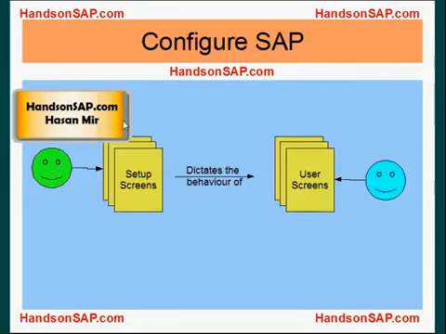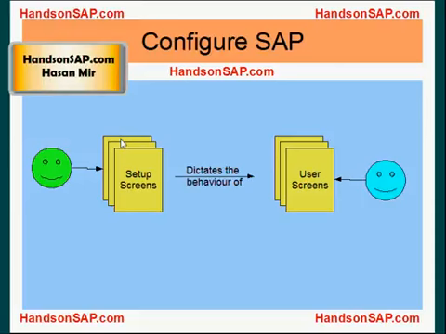Okay, so let's try to understand the configuration part. So this is a consultant here. Consultants have access to setup screens, and this is a user here. Users have access to end user screens. Now consultants make changes to the setup screens such that the end user screens start behaving as per the business requirements.